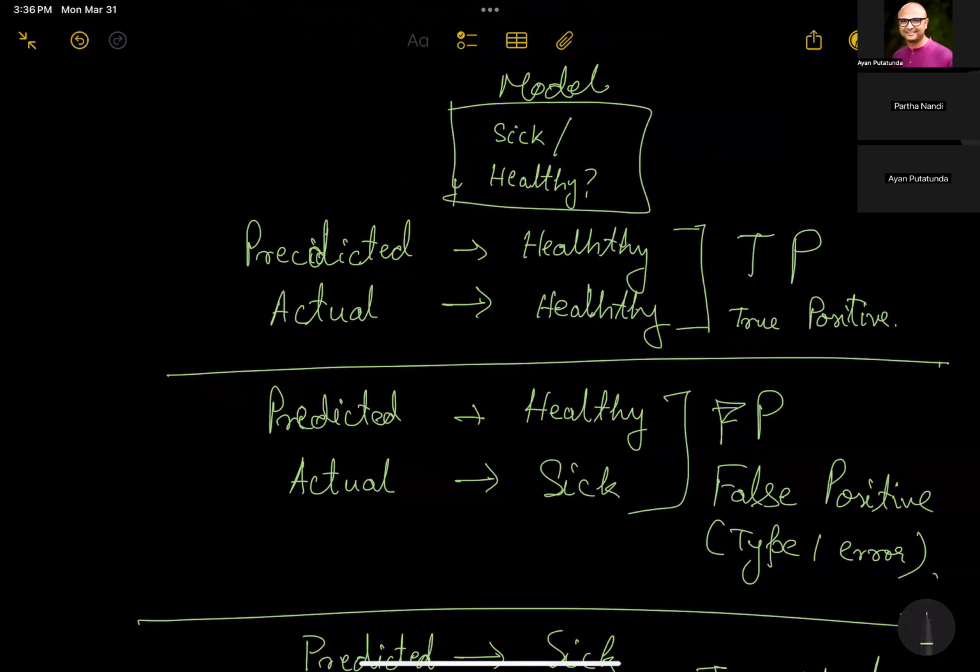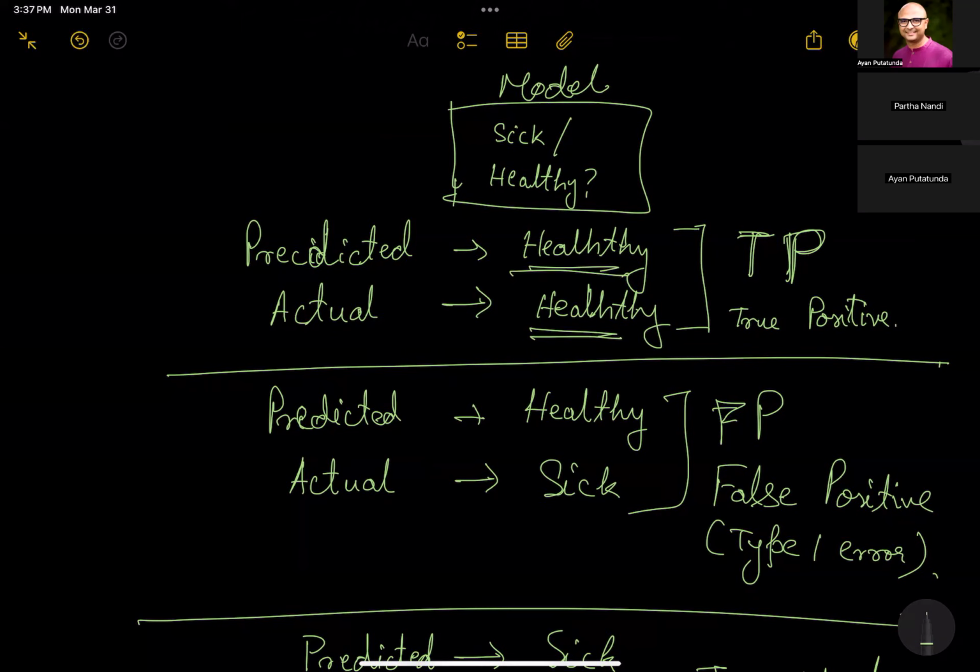Understand my line. Being healthy is positive. Then it is very easy to understand the whole scenario. If being healthy is positive, then the first one is true positive. True positive means actually I am healthy, which is true, which means healthy equal to healthy, right?